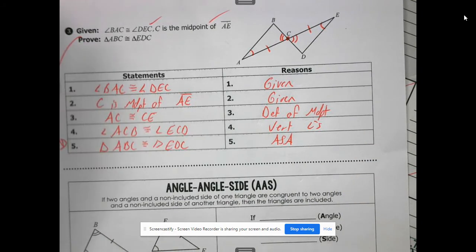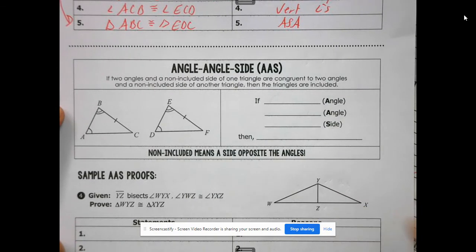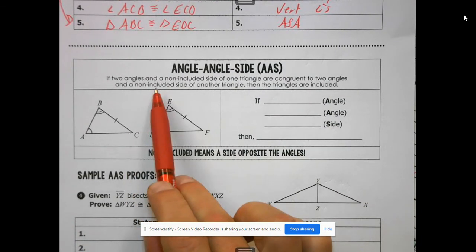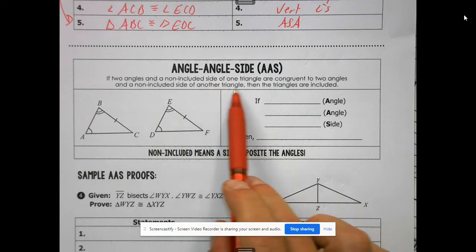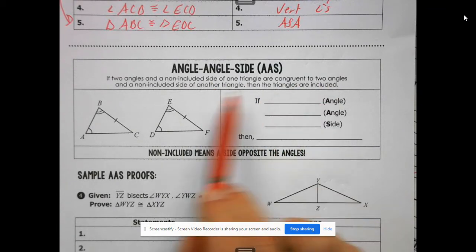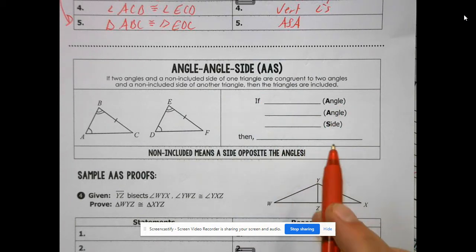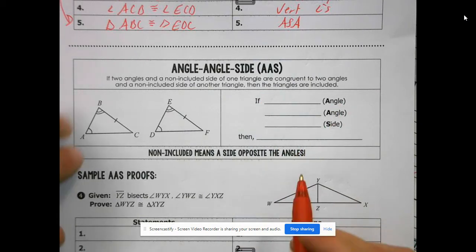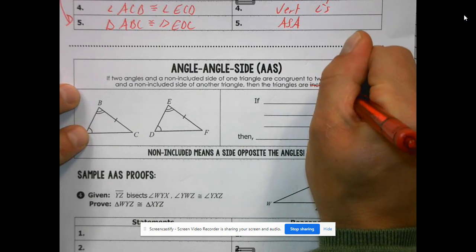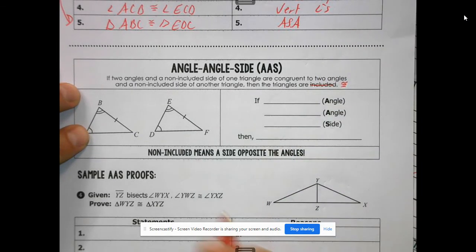All right, moving on to angle angle side. If two angles and a non-included side of one triangle are congruent to two angles and a non-included side of another triangle, then the triangles are congruent. That's a typo right there. All right, match them up.